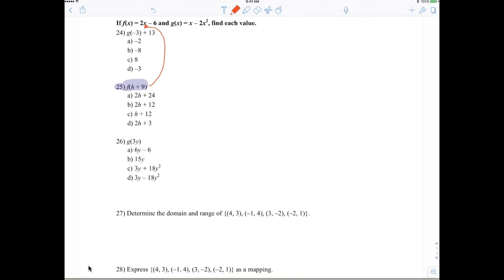So I want you to write it: f of h plus 9 equals 2 times h plus 9 minus 6. Is everybody with me on that? Now when I distribute, 2h plus 18 minus 6. Is everybody happy with that? And then what happens to plus 18 minus 6? 12.